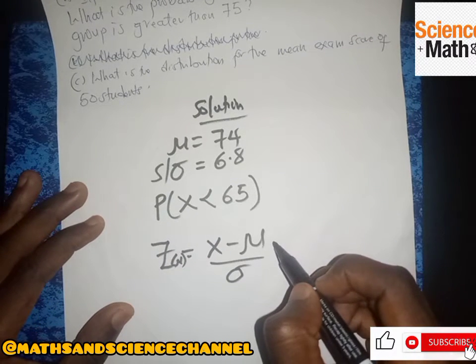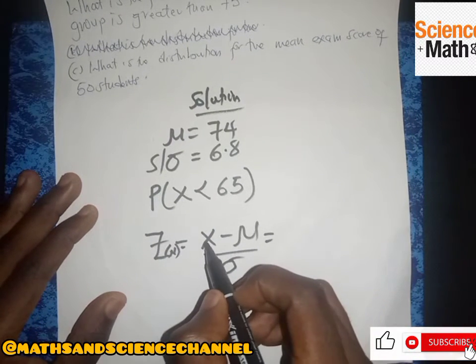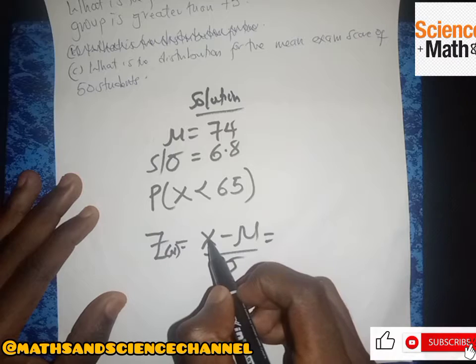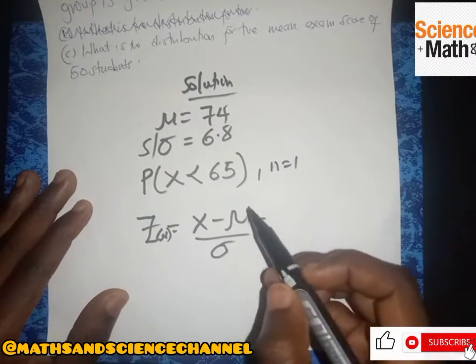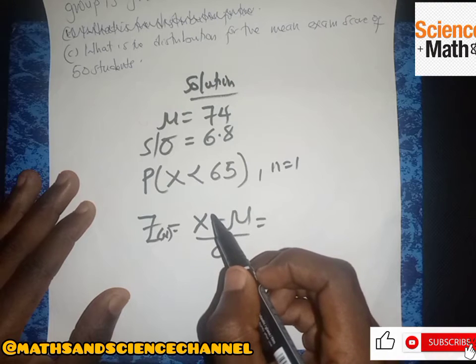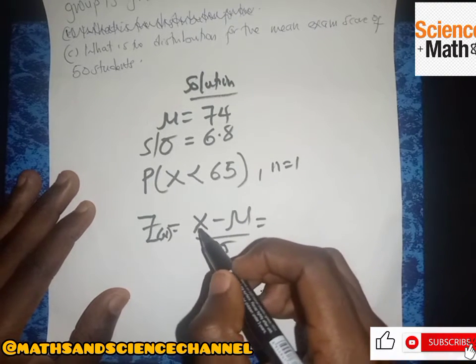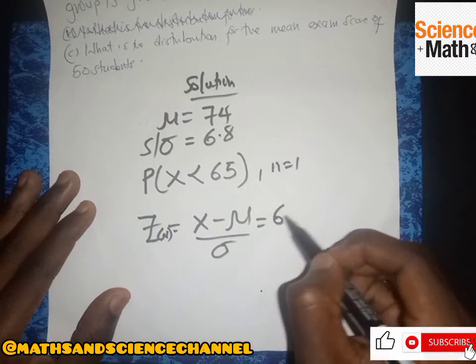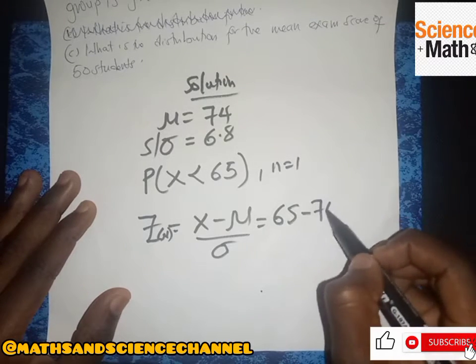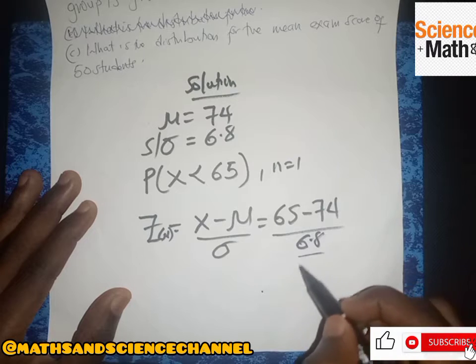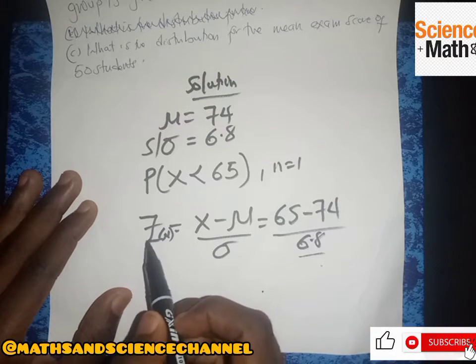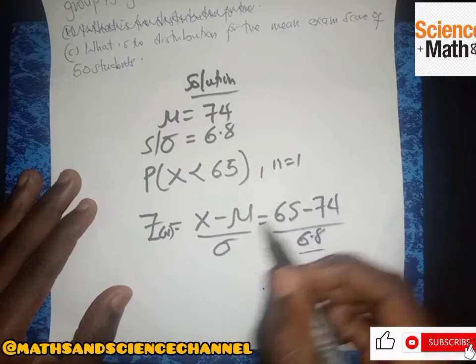Here the number of samples is basically equal to 1. So we have x, which is 65, minus mu, which is 74, divided by the standard deviation 6.8. Basically it's just the square root of 1, but because it's a normal distribution, it is this formula.